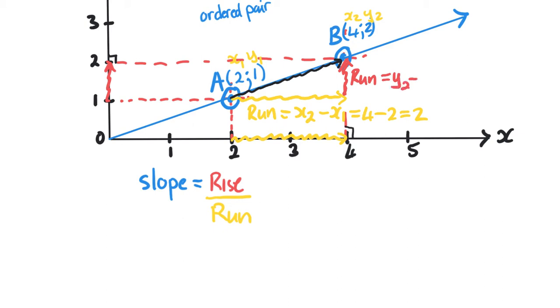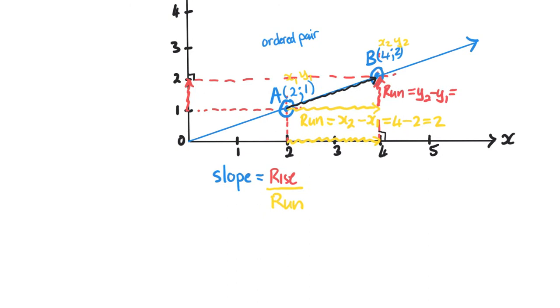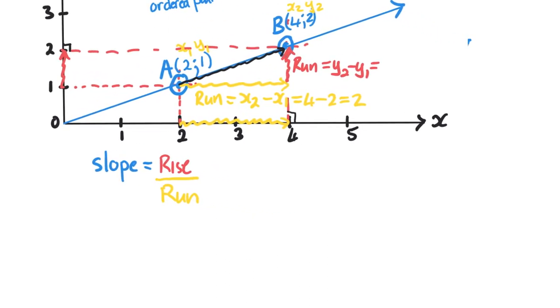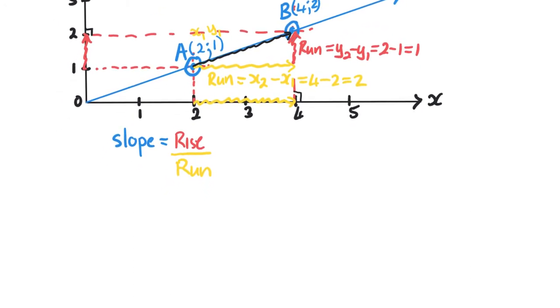So y2 minus y1, and in this case it's 2 minus 1, which is 1. So we can very simply say that this slope is 1 over 2, and that gives us a slope of a half.